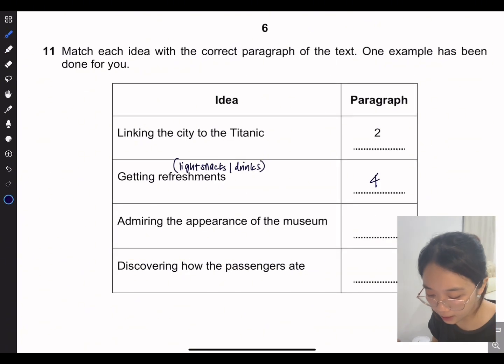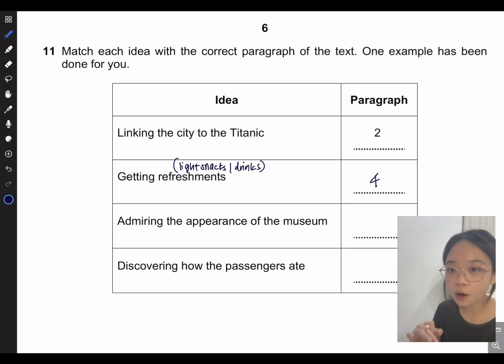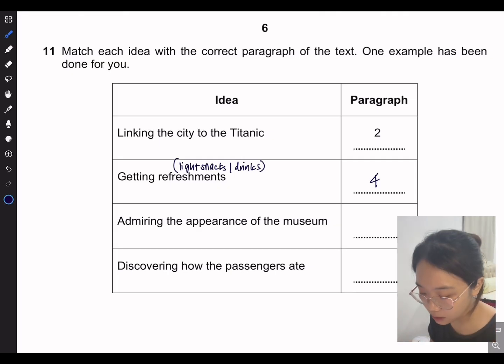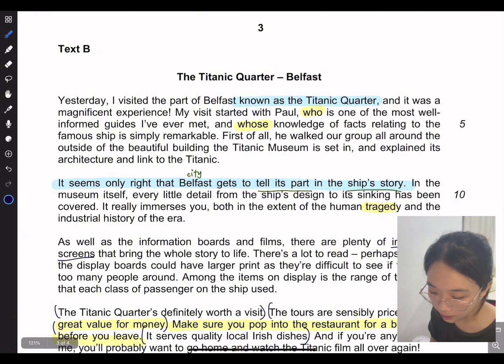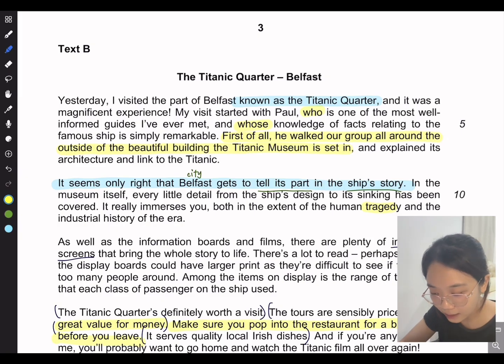Okay, so the next idea is admiring the appearance of the museum. Admiring is about liking something, like how it actually looks. So this idea can actually be linked back to paragraph 1 when they mention, first of all, he walked our group all around the outside of the beautiful building the Titanic Museum is set in, and explained its architecture and link to the Titanic.